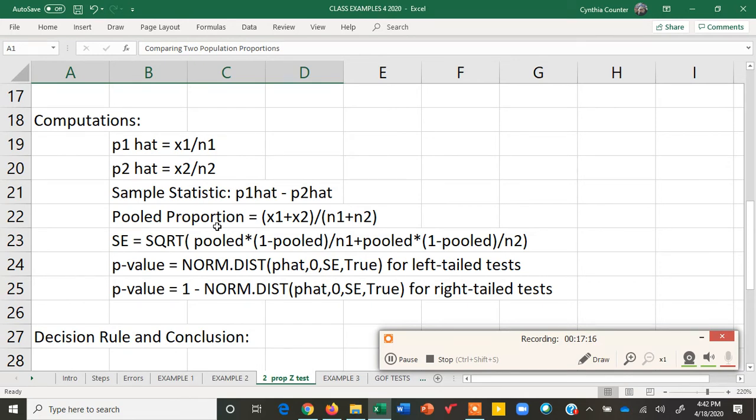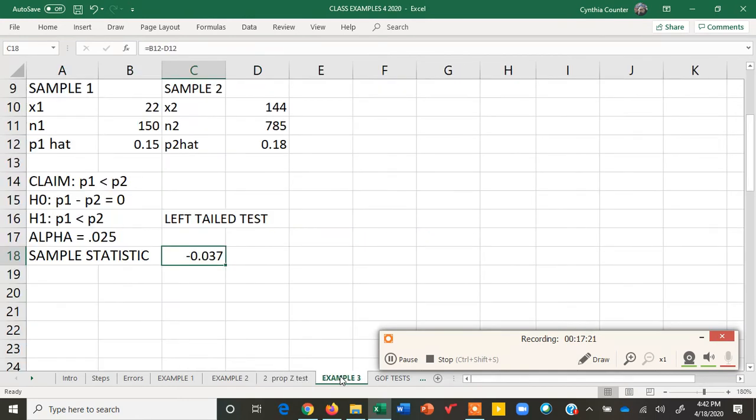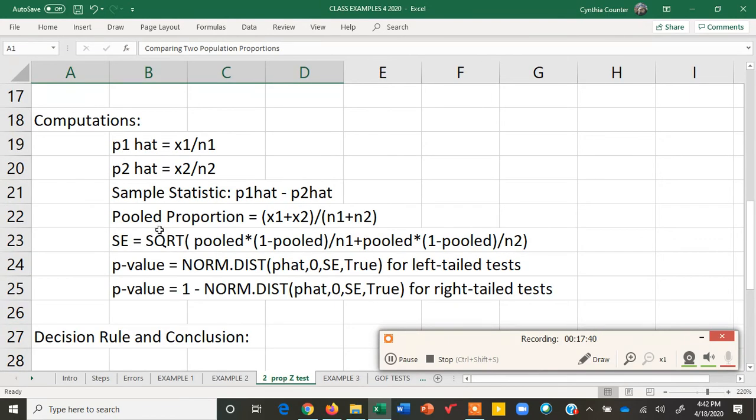Because by assuming that the difference between the population proportions is zero, we are assuming that the two population proportions are equal. So under this assumption of equality, we can pool our data and compute a pooled proportion that we then use for the standard error formula.